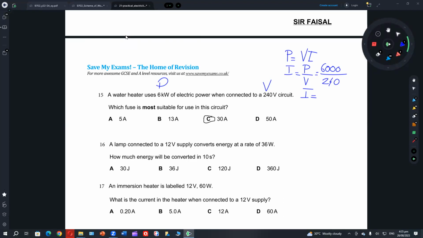So please, what answer is coming? 6,000 upon 240? I'm getting 25 ampere. Then C is fine because it's greater than 25.